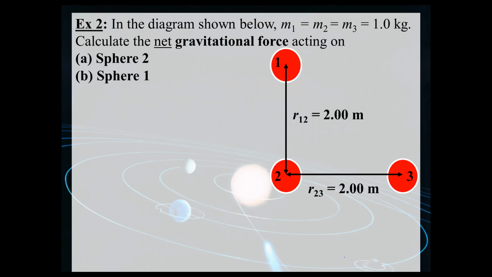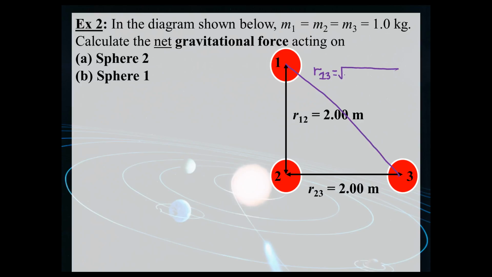The first thing I'm going to do is I want to calculate the distance between 1 and 3. So we'll call that R1,3. To calculate that, we just use Pythagorean's theorem.